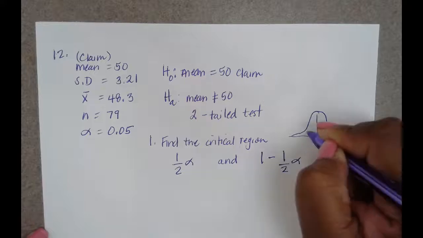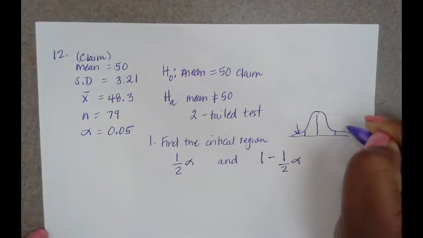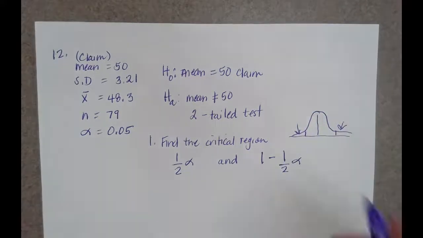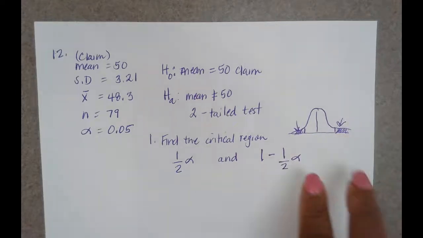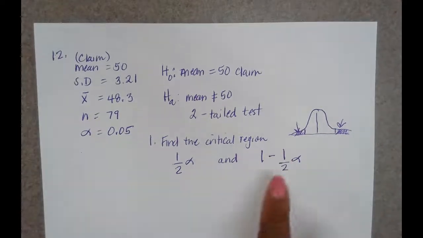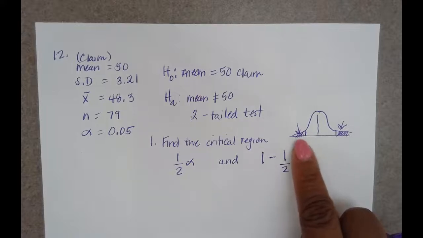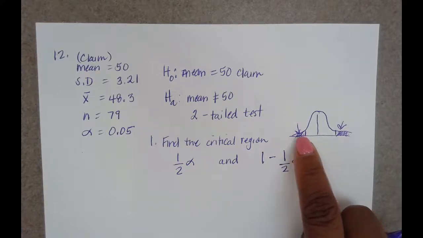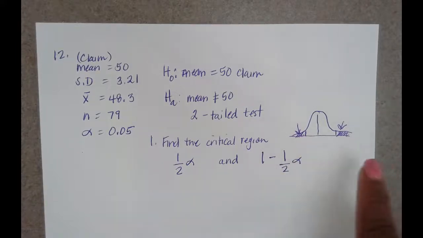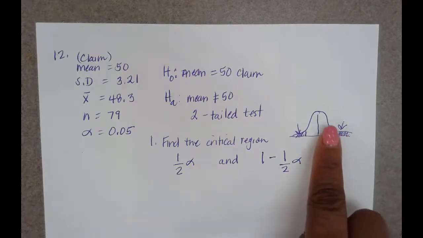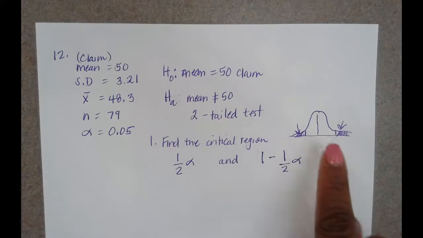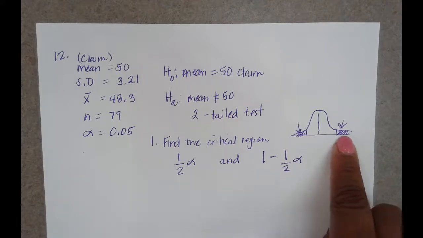We're talking about this area here. Okay? And that's the reason we're doing half. So this side is 1/2 of the level of significance. This side is 1 minus that, because we want to take all of this away to only get this little piece.